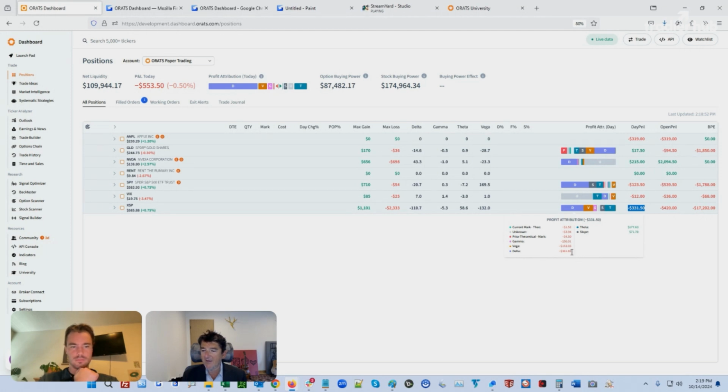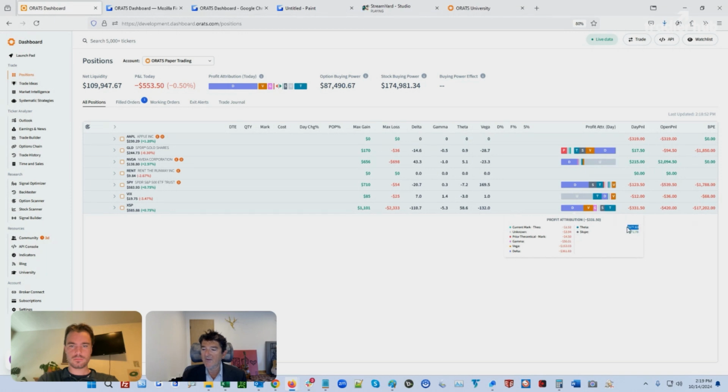Well, you can see that mostly it's coming from Delta. Some of it's coming from Vega. Some of it's coming from Gamma. Some of it's coming from a theoretical mark. Only $4 is unknown. That doesn't work out. And the current mark, again, this mark is kind of our theoretical versus the smoothing. So that's very small.